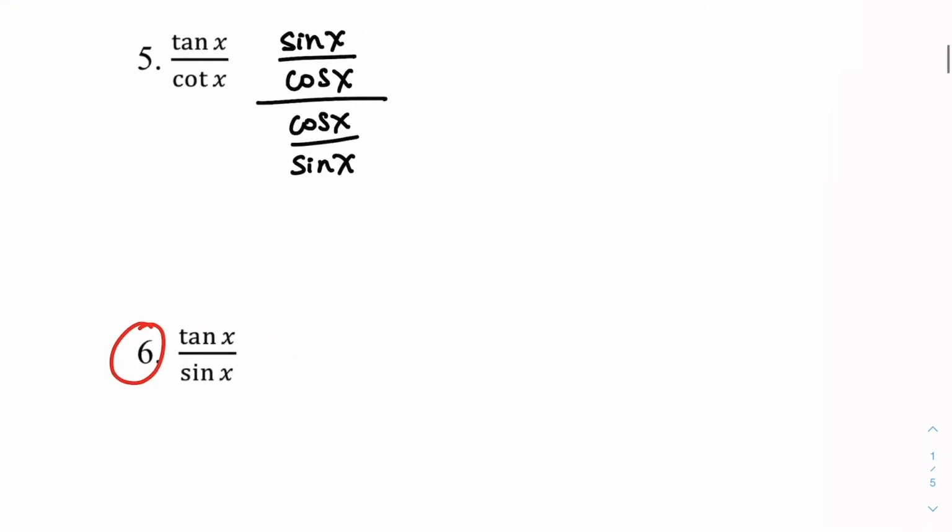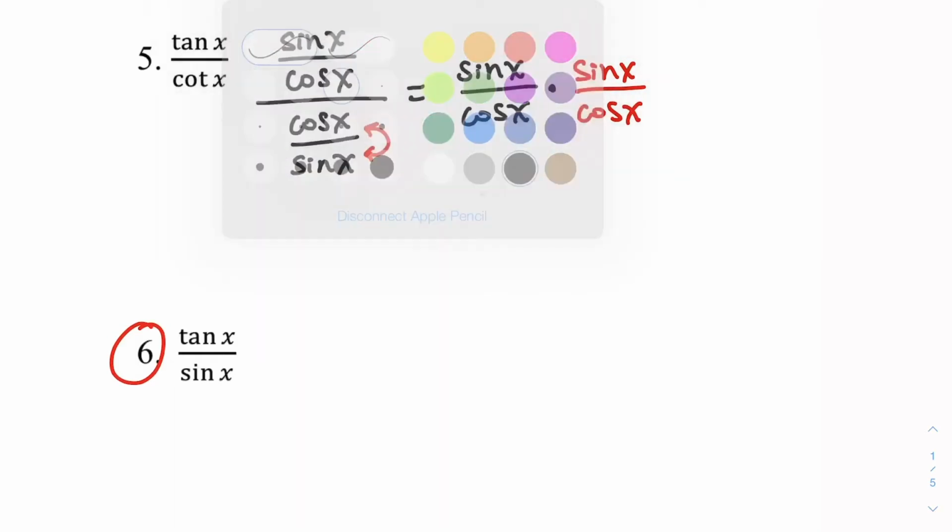Now notice we have a fraction over fraction. What's the only way that we divide fractions? We'll rewrite it by keeping the top the same and multiplying by the reciprocal of the bottom. So instead of cosine over sine, we have sine x over cosine x. And now we're going to multiply straight across.